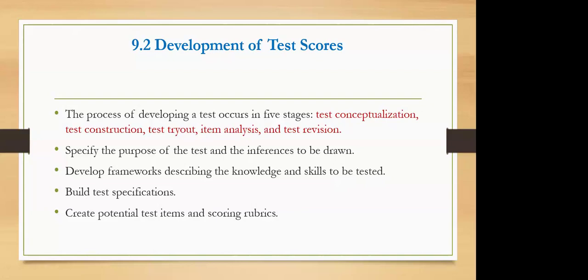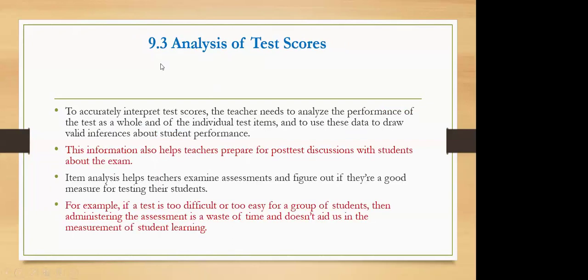Before giving the final question paper to the students, we have to make a marking scheme by stating how many marks for each stage, and in detail we have to make the marking scheme. So then we are going to analyze the test scores.